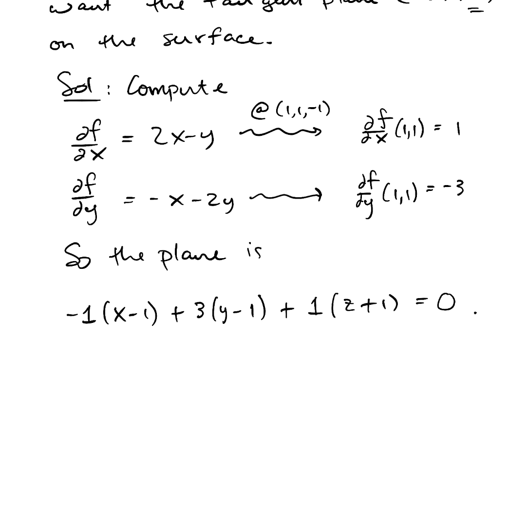So the book might display their answers like that, or they might opt to multiply everything out. So you could, if you felt like it, write this as negative x plus 3y plus z equals, and then let's get the constants all on the other side.